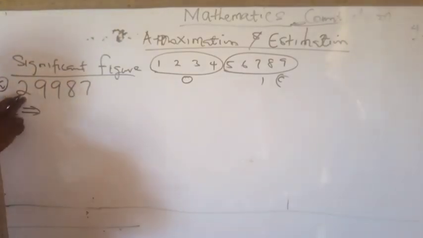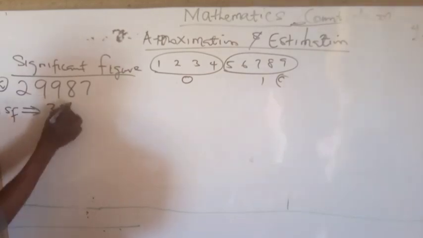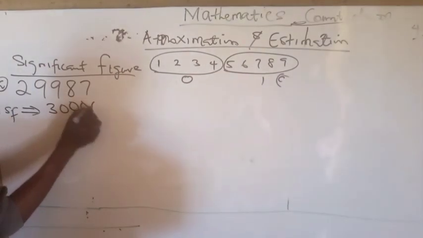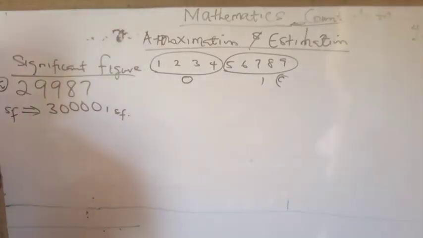But after the 2, what do you have? 9. 9 is in the category of 5 and above, so if you add 1 to this one, what do you have? 3. So this one becomes 3, 0, 0, 0, and 0 for this. That is 1 SF. Are you clear with that now?